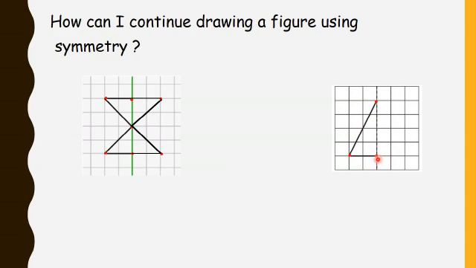They will stay in their place. As for this point, it's away 1, 2 squares to the left, so it will be away from the axis of symmetry 1, 2 squares to the right. Then I put it, and at the end I join the points all together.